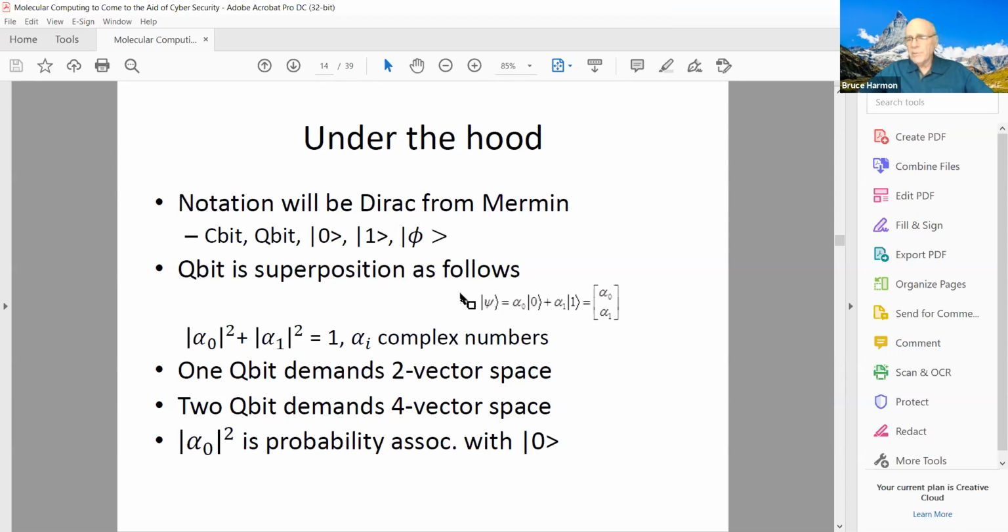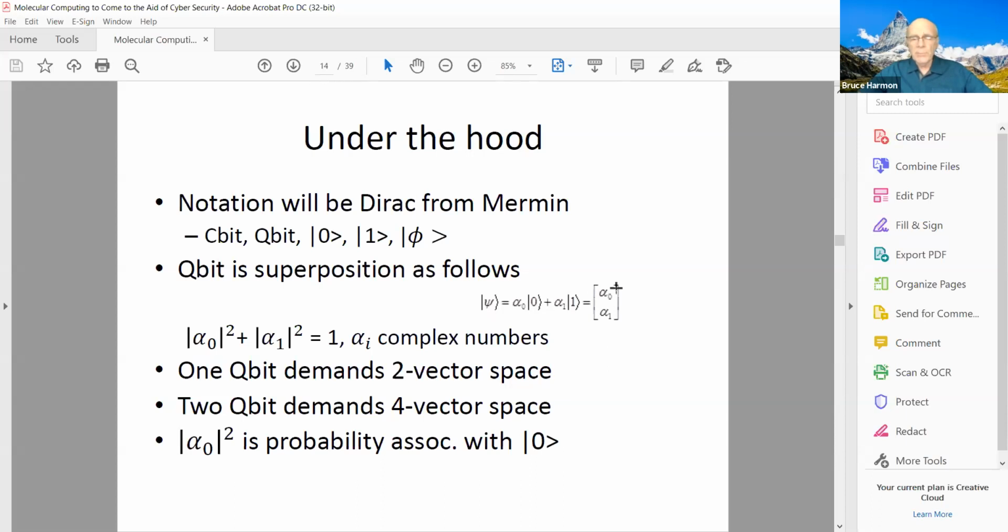And when we talk about its superposition, it would be within the context over here on this line, where there's an alpha 0 coefficient applied to the 0 state. And notice the notation, a vertical line on the left and a greater than sign on the right for these C-bit notations, plus alpha 1 times the 1 C-bit.